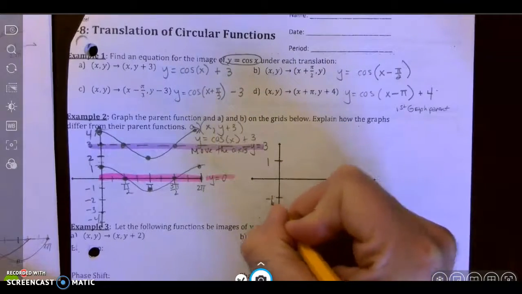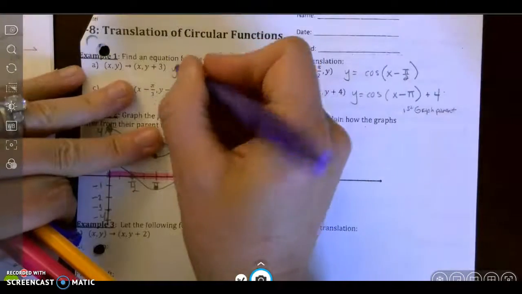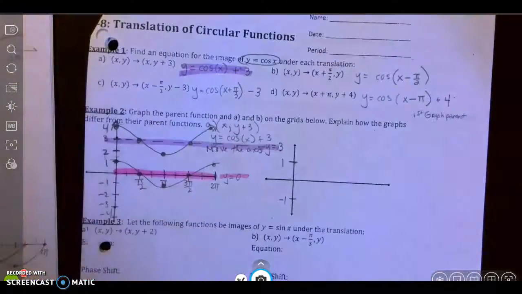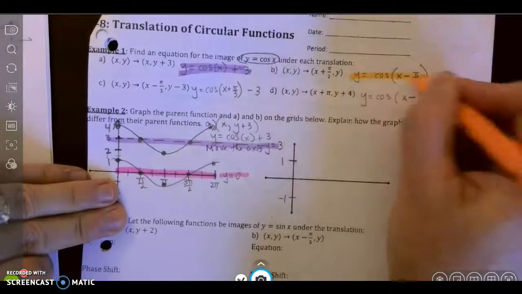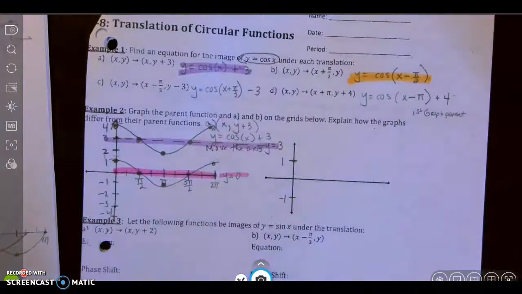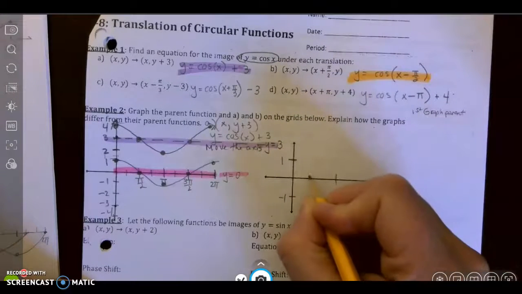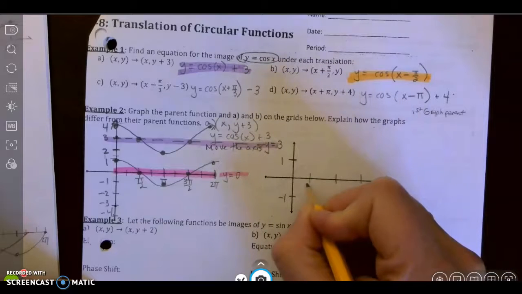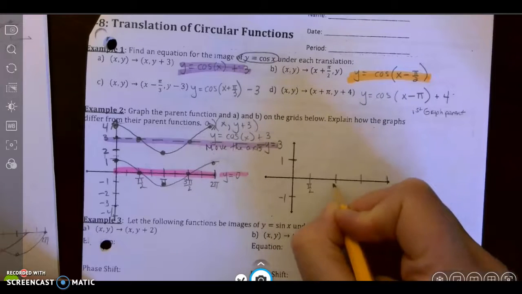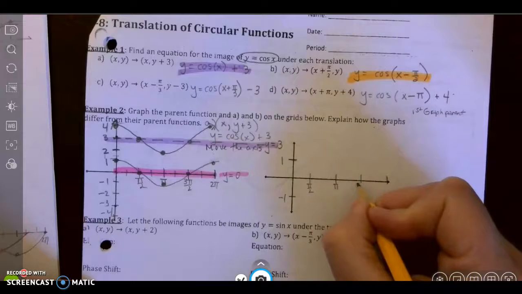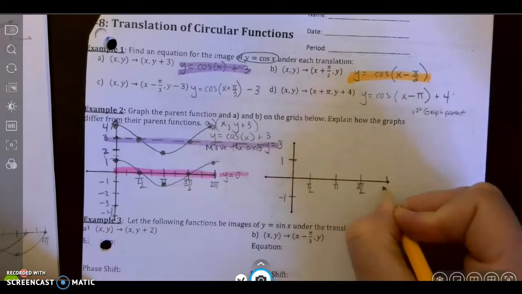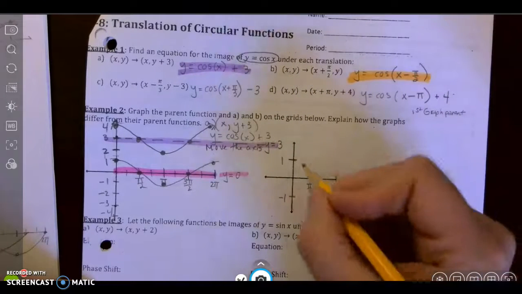So I'm first going to graph my original. Again, pi over 2, pi, 3 pi over 2, and 2 pi. So this is my original.